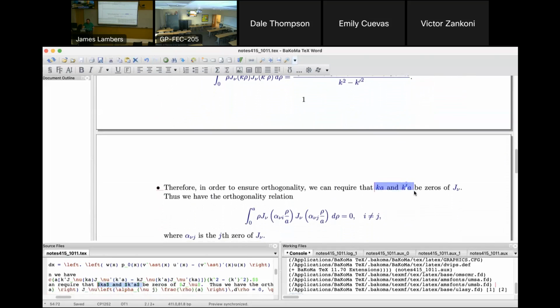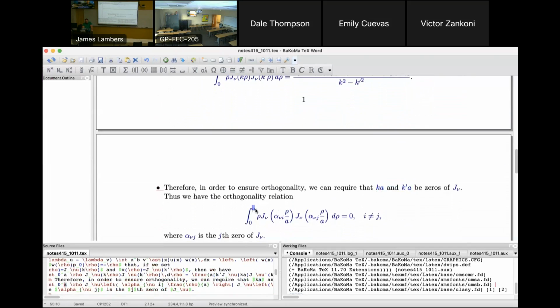That's what we'll do. We're going to require that for each eigenvalue, remember the eigenvalue is k squared, the square root of the eigenvalue times the upper limit of our domain must be a zero of J nu.